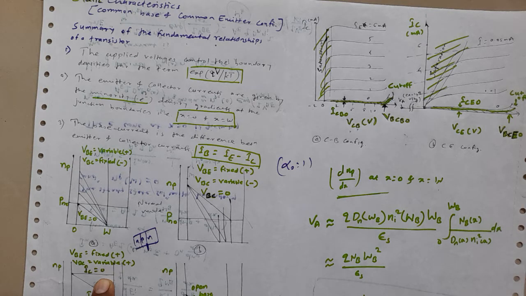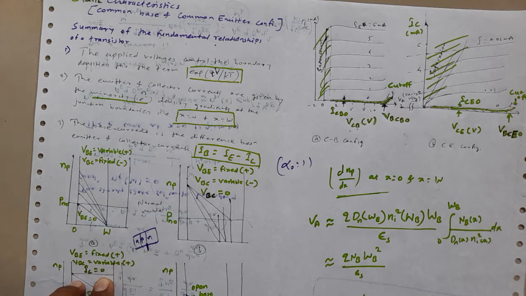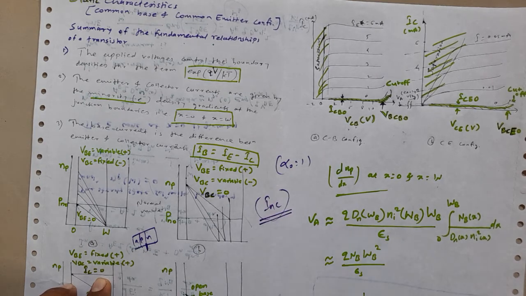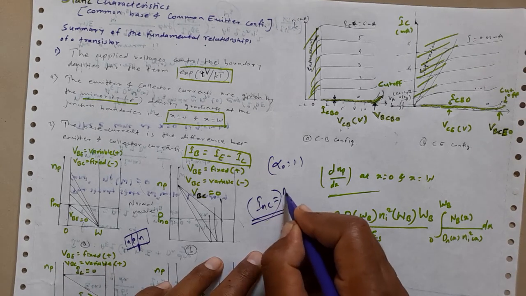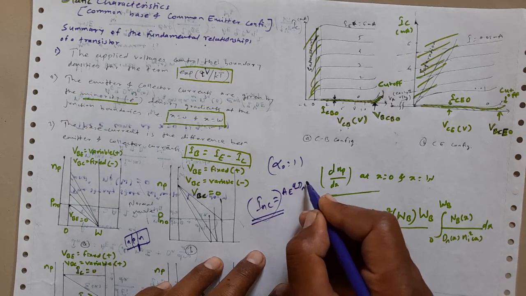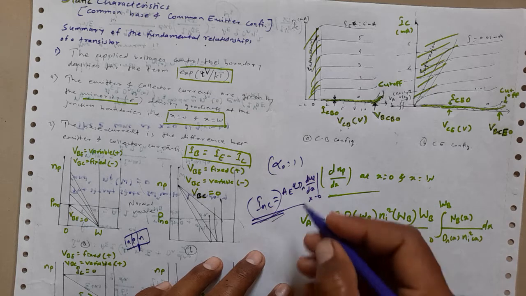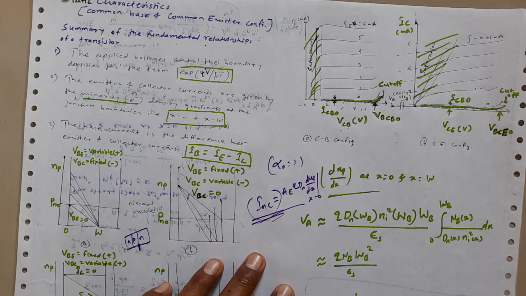Let me write down the equation corresponding to this, for the INC. The equation for the INC is very complicated: INC is equal to AEQ dNP by dx at x equal to W. There is a more complicated equation written further, but you can go through that equation.